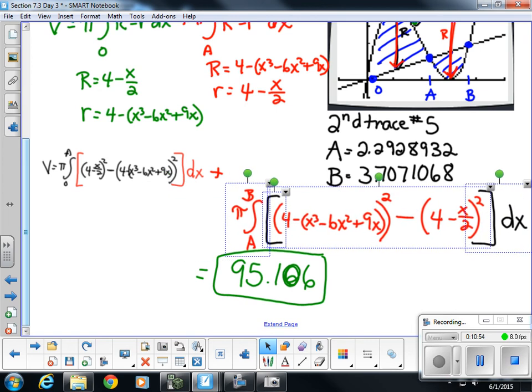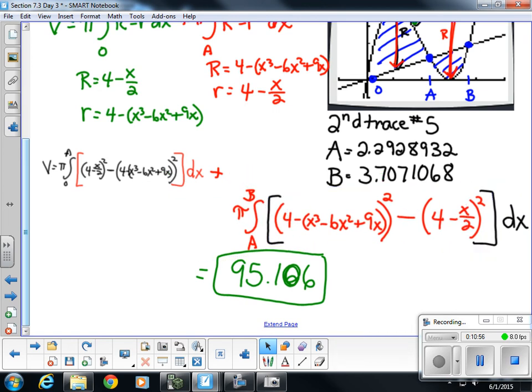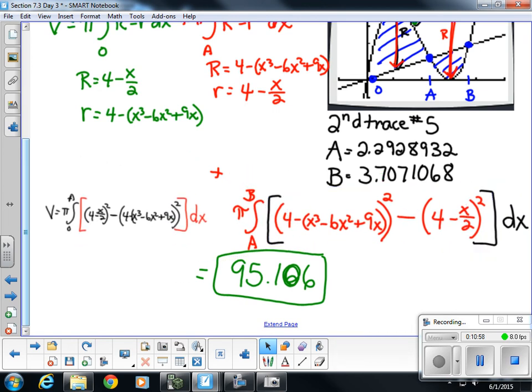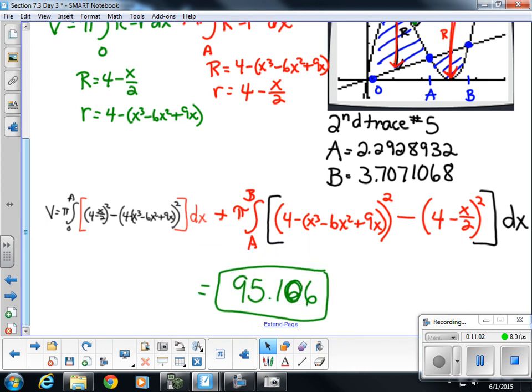So you don't always have to go with A and B like I did. Okay, so this is your complete answer. And that's all. That's going around lines that are parallel with the x-axis. The same thing would be true if we did lines that were parallel with the y-axis, except everything would have to be written with respect to y.